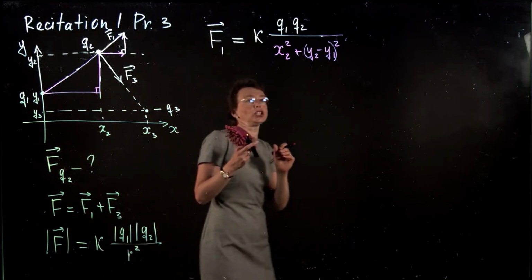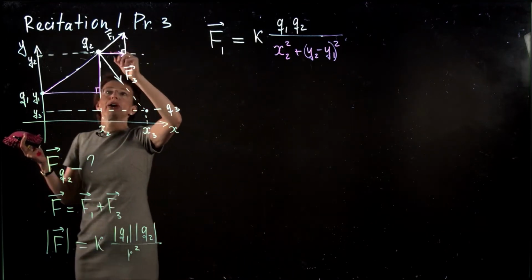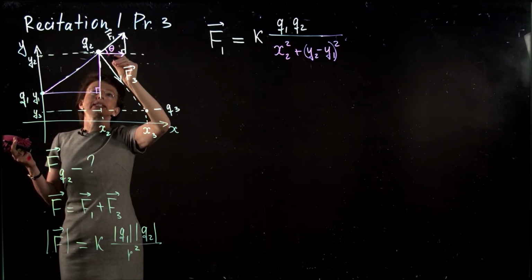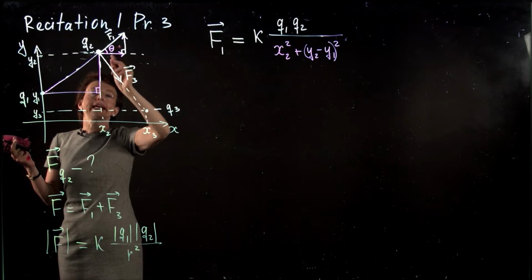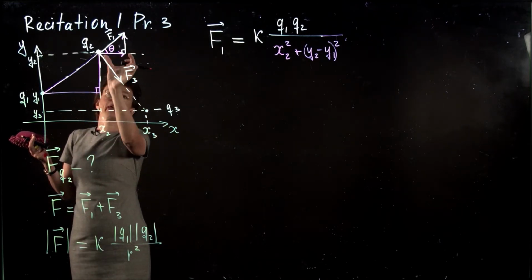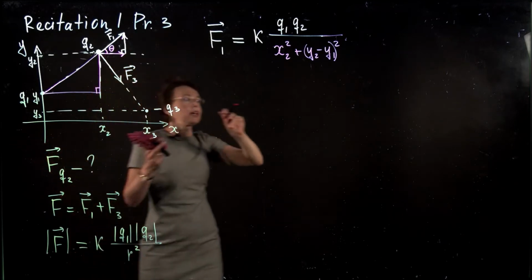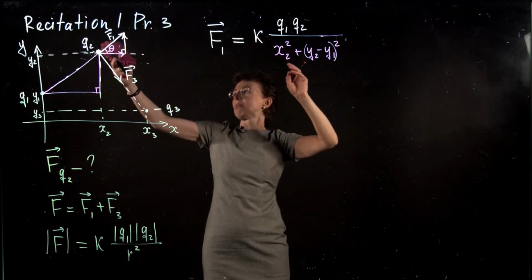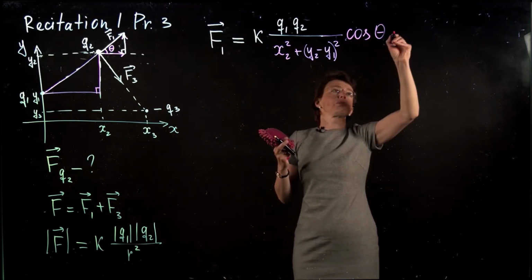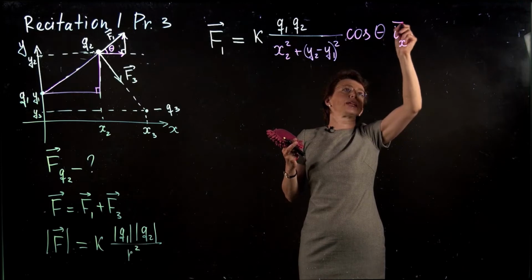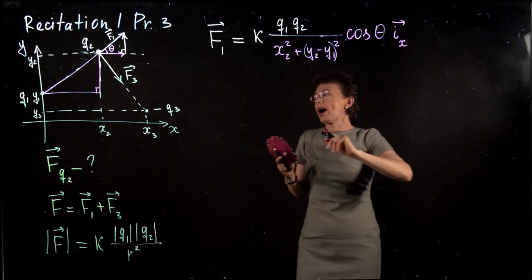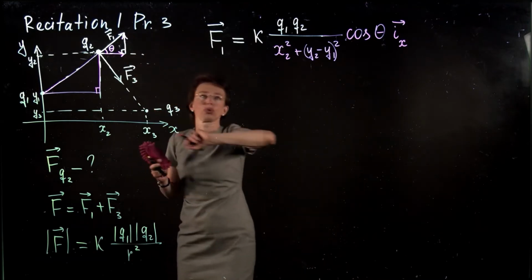And then I need to multiply by some function of an angle. Let's introduce this angle, and let's call it theta. It's the angle with the horizontal. To find the x component of F1, I need to multiply by cosine theta. This will be my F1x. We don't forget F1x. This is the x component of F1. The y component of F1 is also positive.